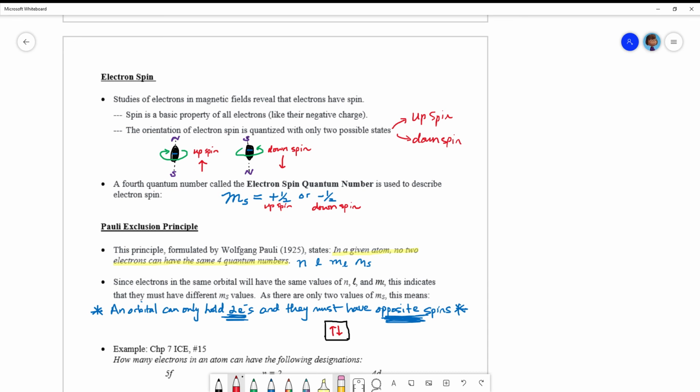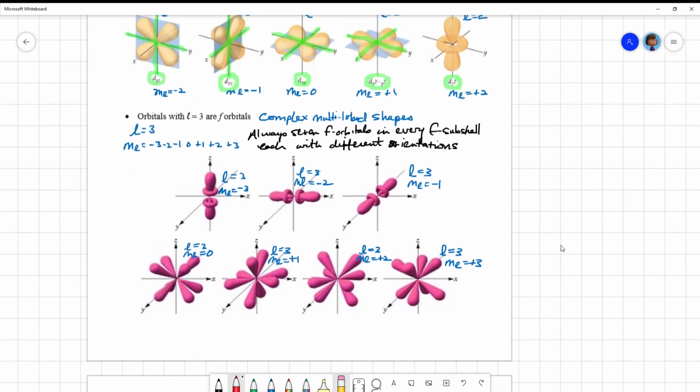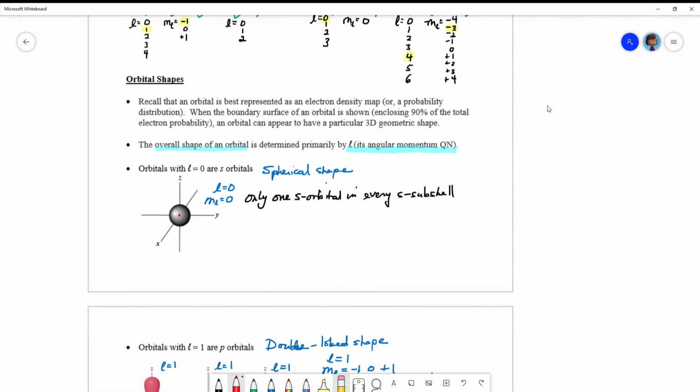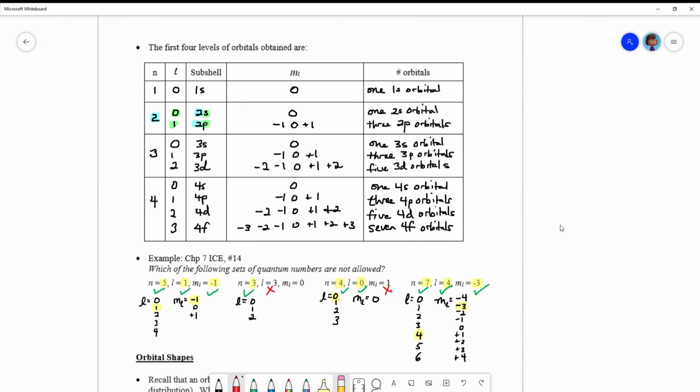Now, I want to go back a little bit to that table we created. So let's go back a couple of pages. Yes, I'm the truck. Okay. And what I want to go back to here is taking a look at this table where we looked at the number of orbitals.